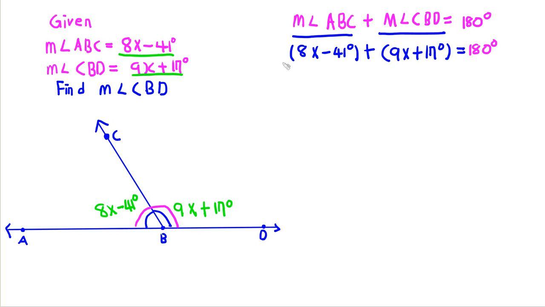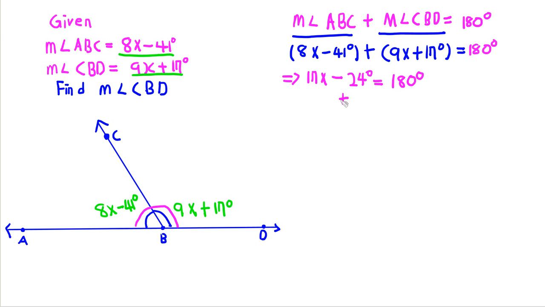We can simplify the left side with like terms: 8x plus 9x gives us 17x, and minus 41 degrees plus 17 degrees gives us minus 24 degrees. That should be equal to 180 degrees.